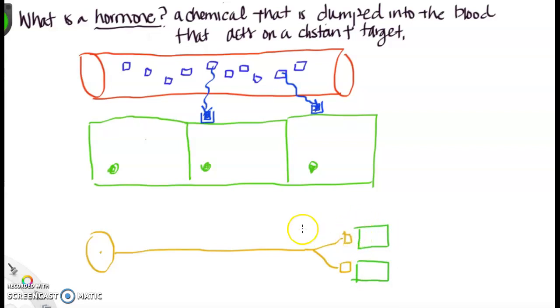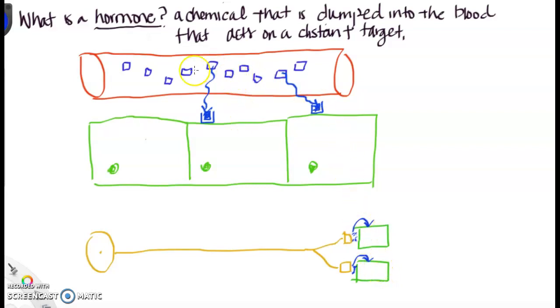Remember, there's a chemical component to this, and it will release neurotransmitter. But this neurotransmitter only affects this cell. It doesn't come over and affect this cell. This neurotransmitter affects this cell.